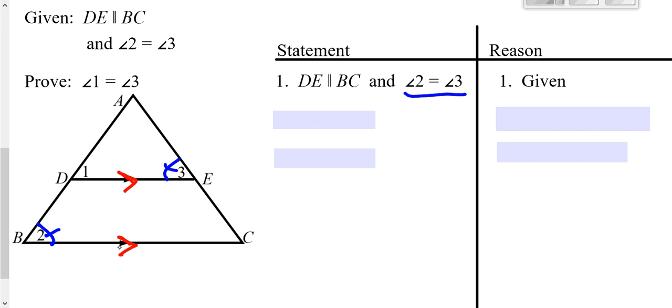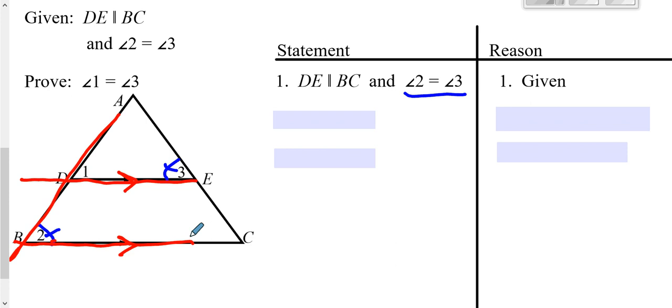If we have parallel lines, which are here and here, cut by a transversal, like this one right here, we know that we have some angles that are going to be the same. We know alternate interior angles are the same, corresponding angles, and so on.